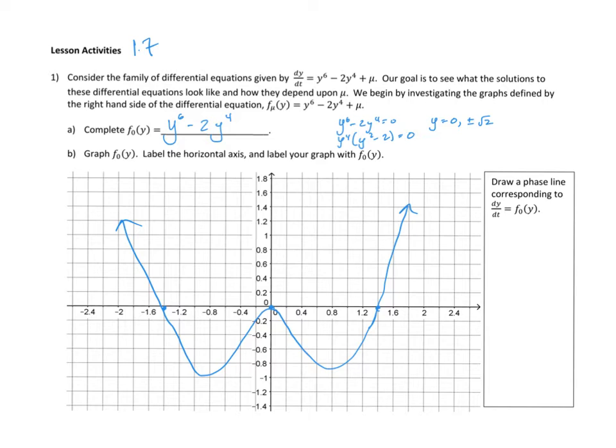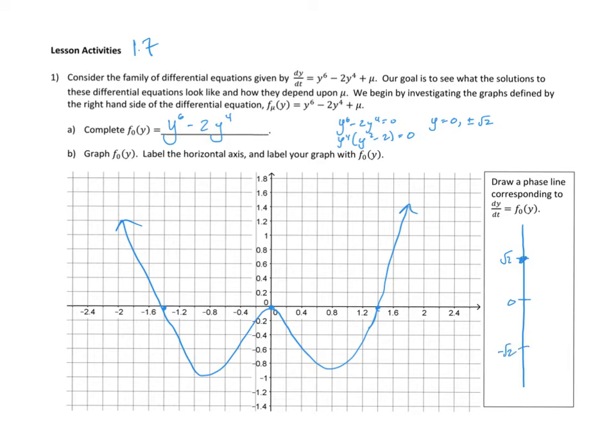Okay, so now that I have that, I want to draw a phase line corresponding to dy/dt equals f sub 0 of y. A phase line puts on the equilibrium points, which are the places where dy/dt equals 0. That was at 0, root 2, and negative root 2.